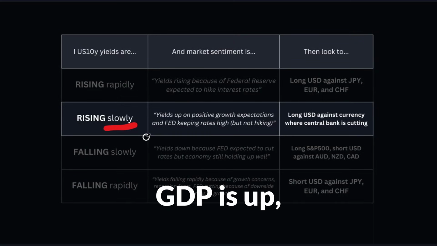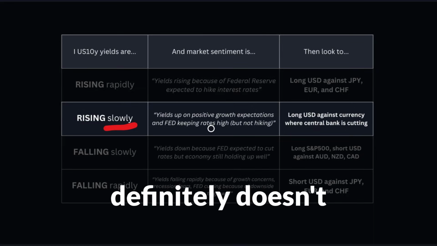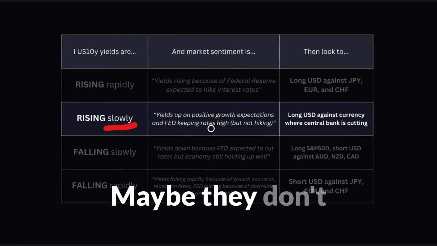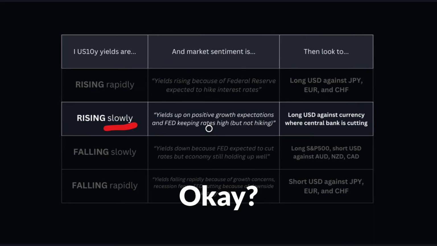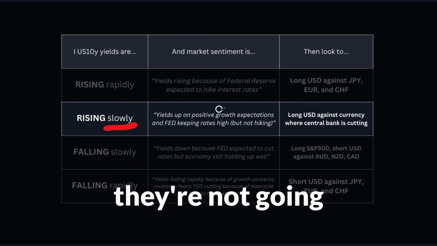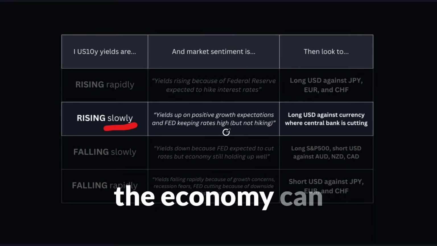GDP is up, labor market is strong, whatever, all the good stuff. In this case, the Fed definitely doesn't hike aggressively. Maybe they don't even hike at all. They just stay with high interest rates, okay? And certainly they're not going to cut either.